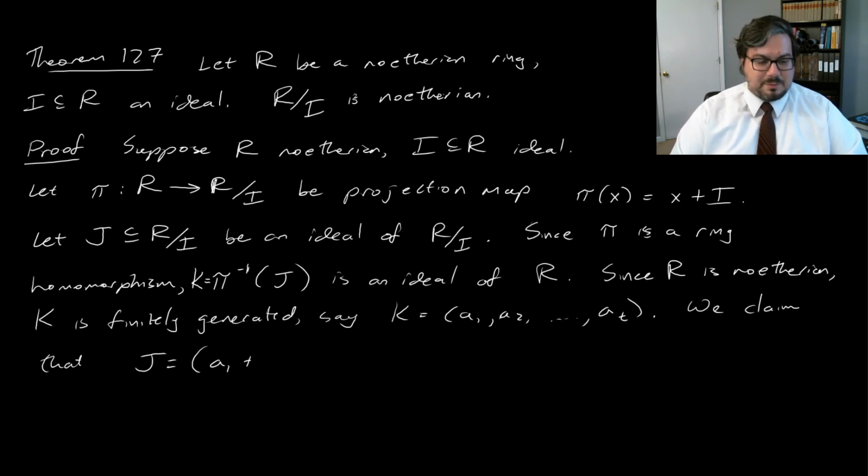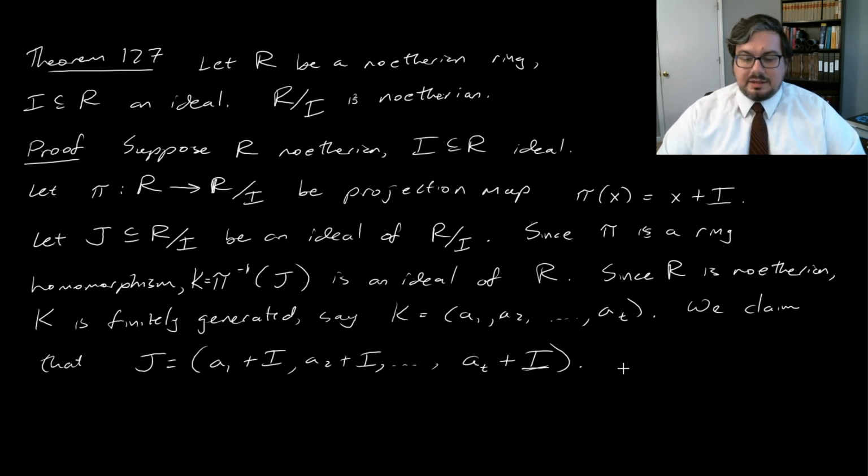So it's generated by A1 plus I, A2 plus I, up through AT plus I. Now, we want to show an equality of two sets. We need to show two containments. As is typical, one of these is immediate.